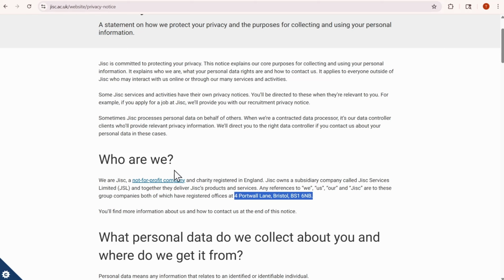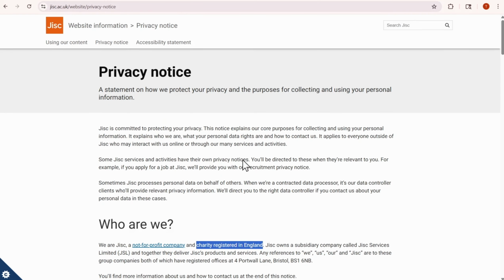And so I am consuming this website as a US resident. I'm not in England right now. So this notice needs to take into consideration that the visitors to its site may be in a geography outside of where it anticipates its users will come from. Now, it's a not-for-profit. I presume that even if they're registered in England, they're a charity that would accept money from a US resident.